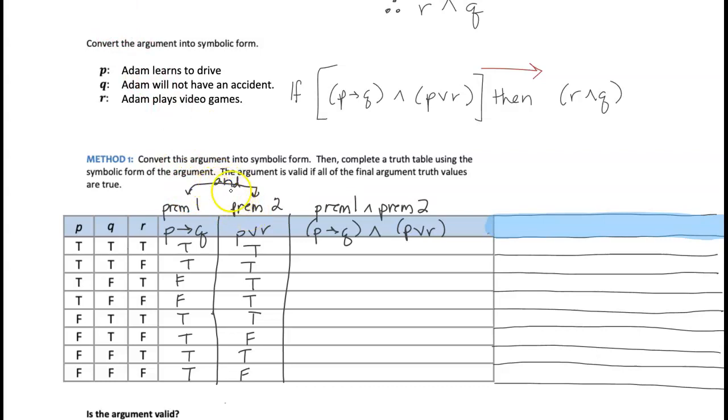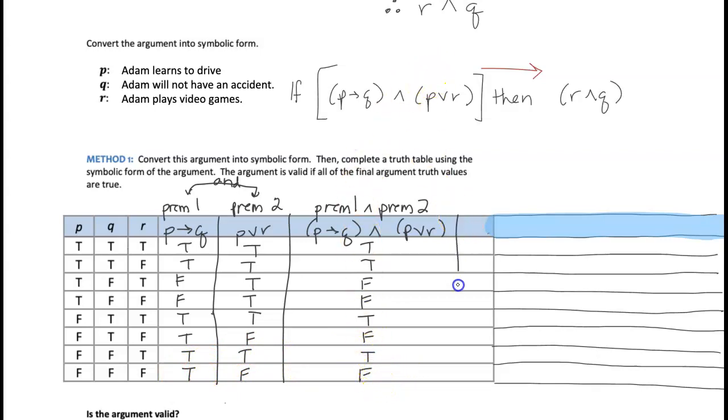Remember, for a conjunction to be true, we need both statements true. That happens in case 1 and case 2, not case 3 or case 4. We again end up with both true in case 5, not in case 6. In case 7, we end up with both of them true, but not in case 8.